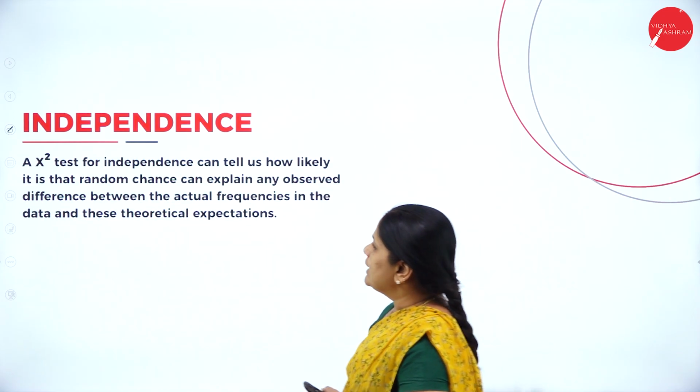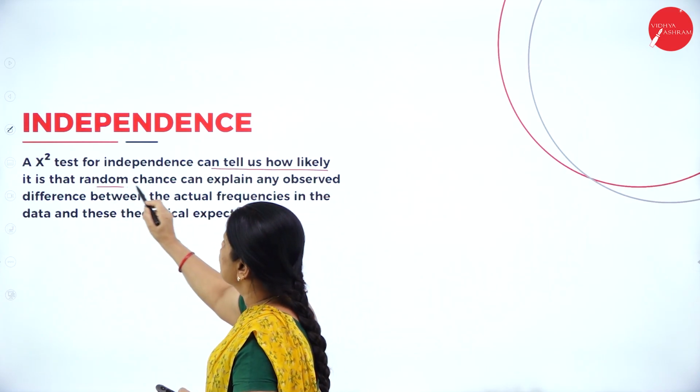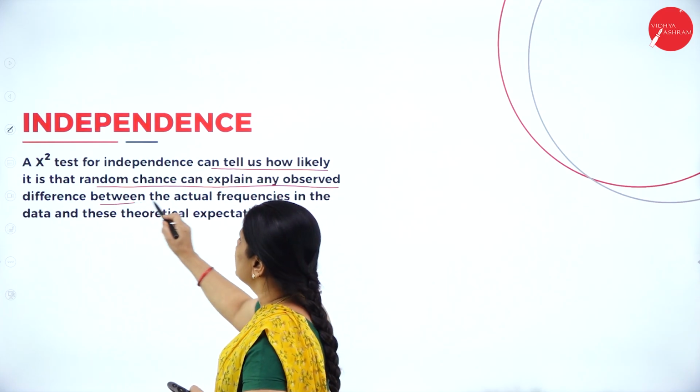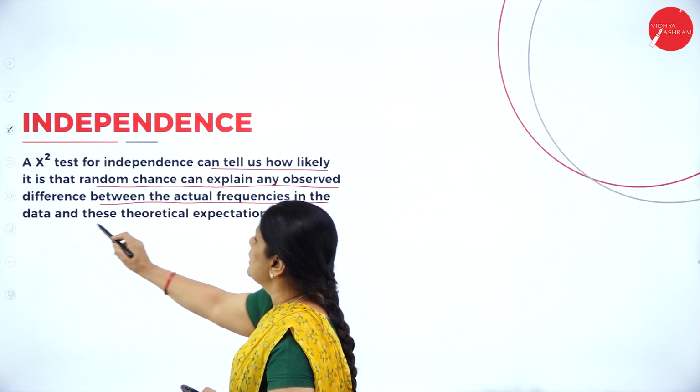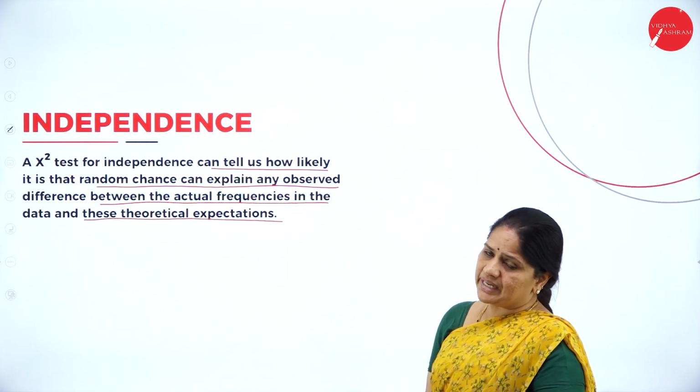A chi-square test for independence can tell us how likely it is that random chance can explain any observed difference between the actual frequencies in these data and these theoretical expectations.